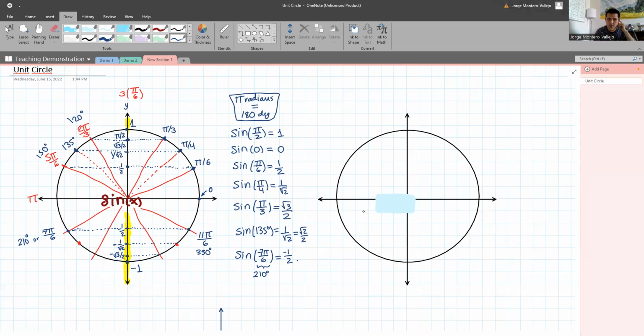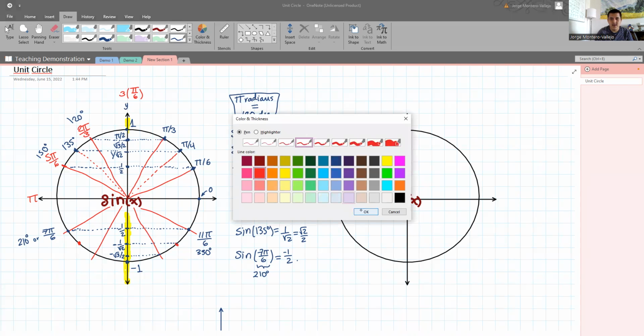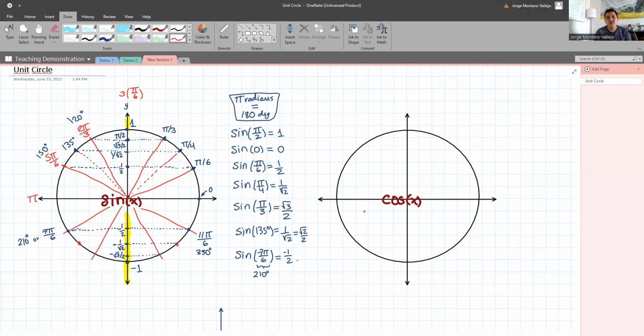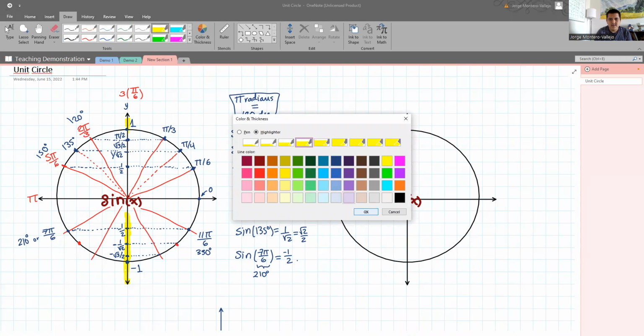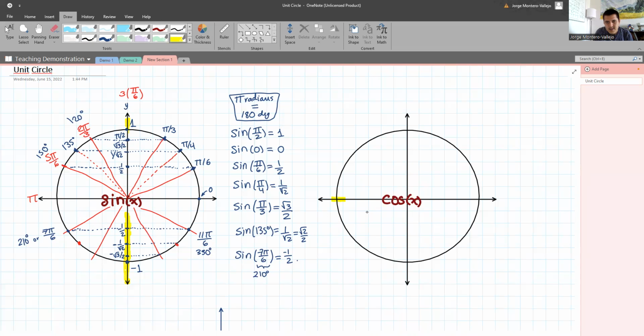Okay, now what about cosine? Let's now deal with that one. Cosine of x. Because we know that cosine is related to the x-axis instead of the y-axis like sine, we are going to do the very same thing, except that now we are using the x-axis. Let me highlight the x-axis.